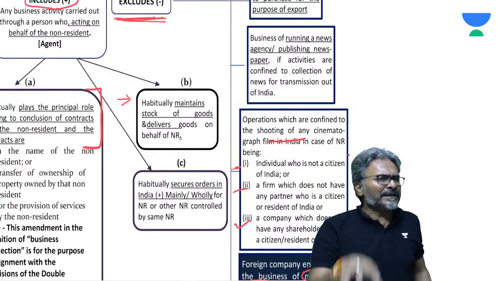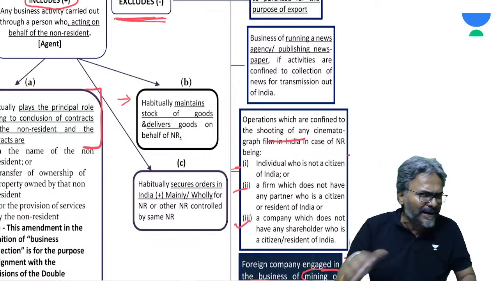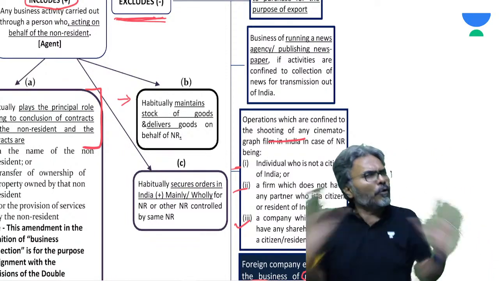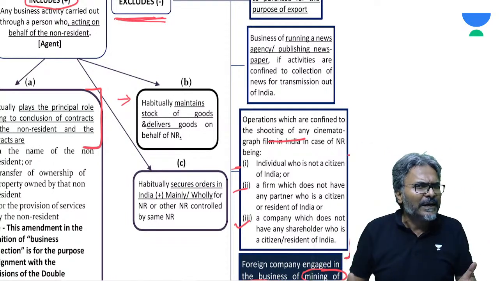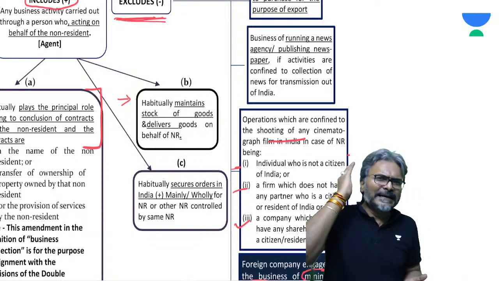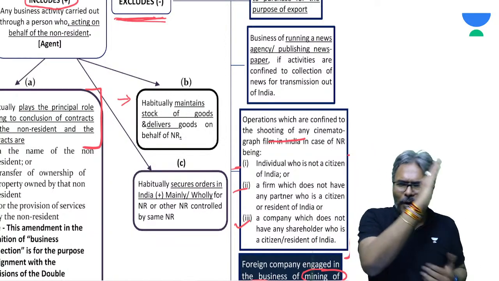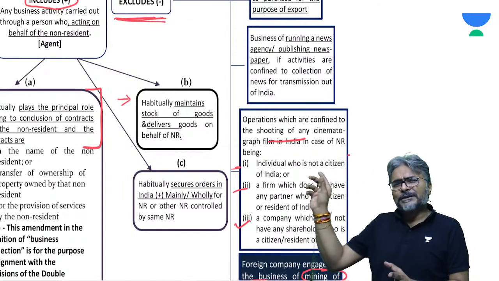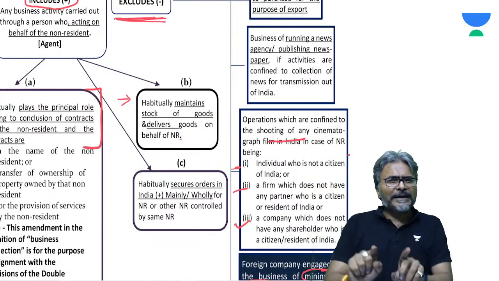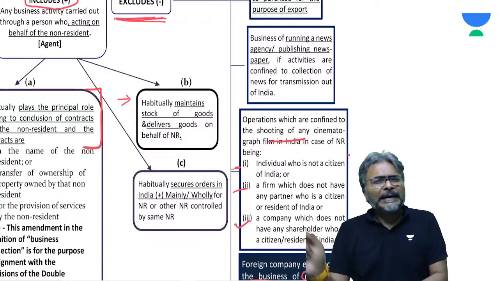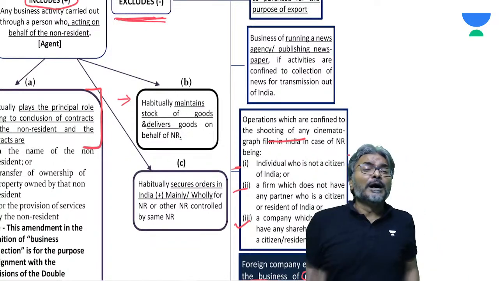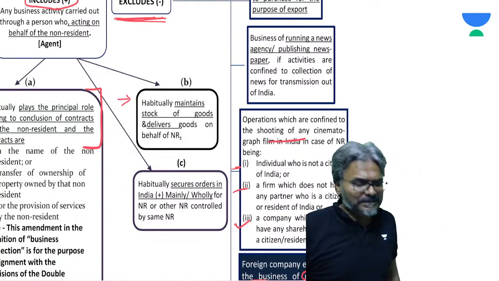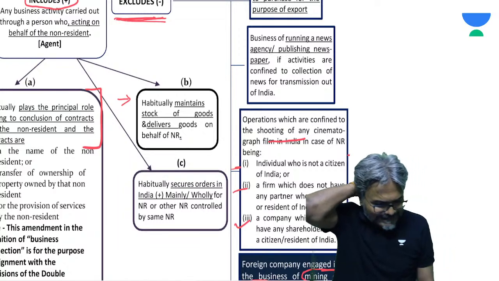That is the only activity the agent does. He is maintaining the stock of goods on behalf of the non-resident and delivers the goods in India as per the instruction given by the non-resident. Will such activity alone still give rise to a business connection in India for the non-resident? Answer is yes, it will give rise to the business connection, and that exactly is the point.